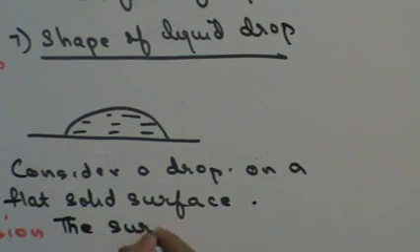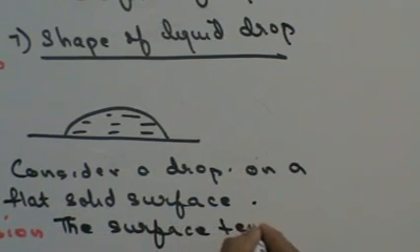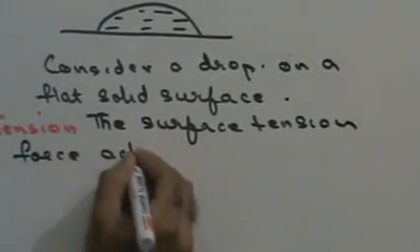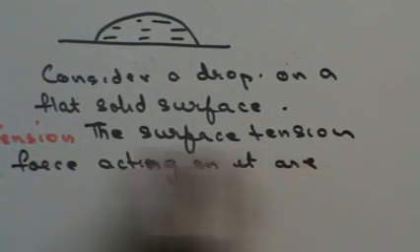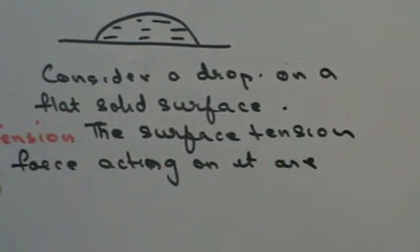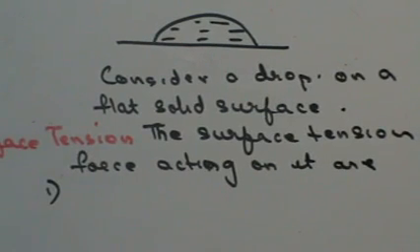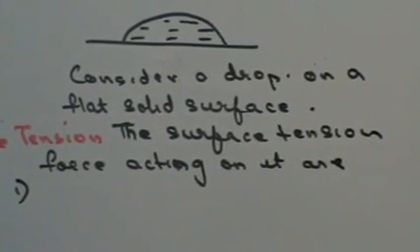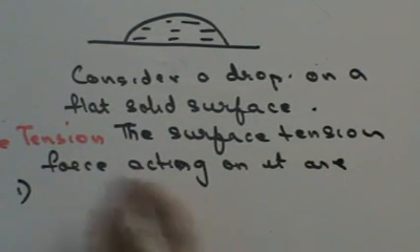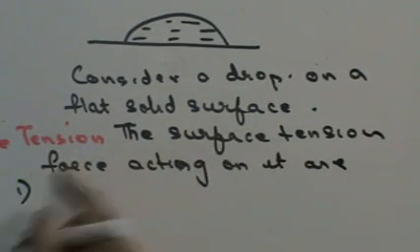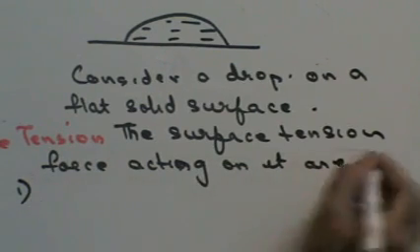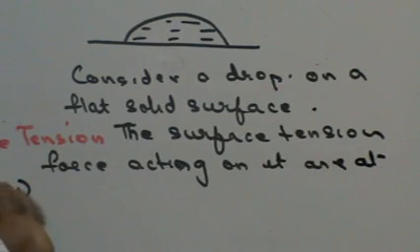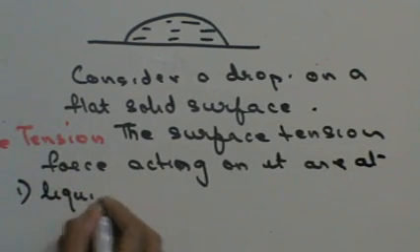The surface tension forces acting on it are, 1. Let's see all the different forces that are going to be acting on it. 1. There will be a tension between the liquid and the solid interface.